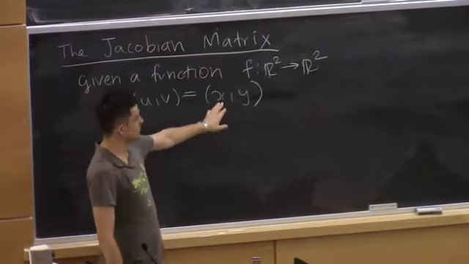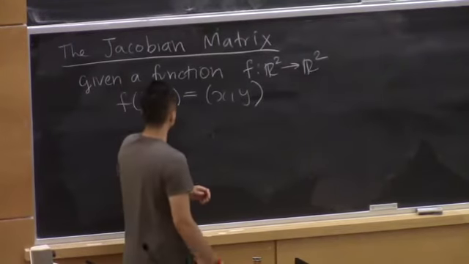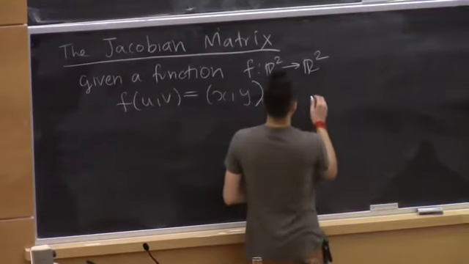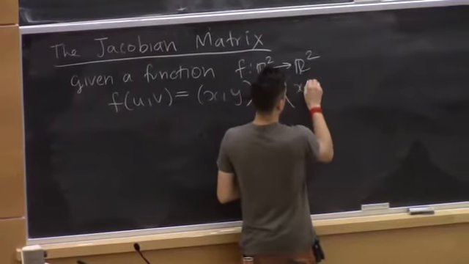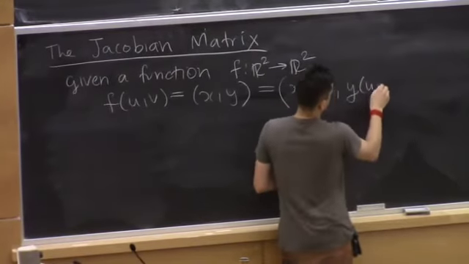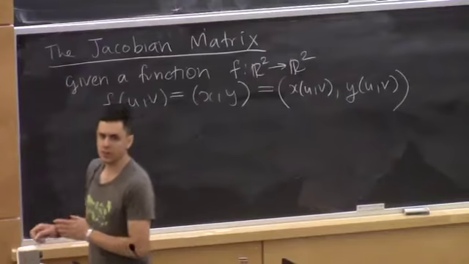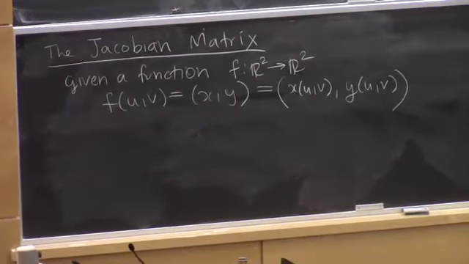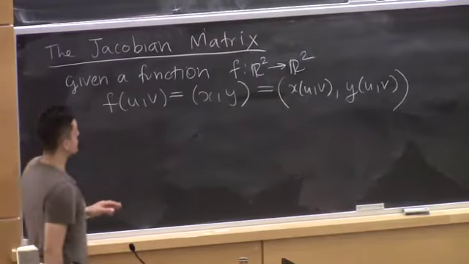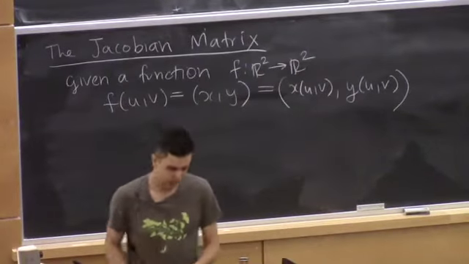So these x's and y's depend on u and v in some way. So it's also convenient to write this as x of uv, y of uv, because both x and y will depend on u and v in some way in what follows.